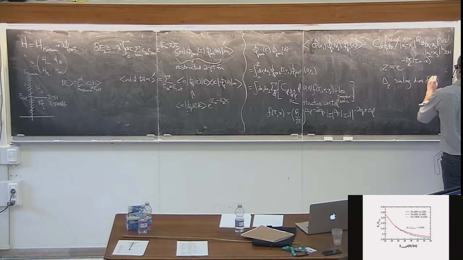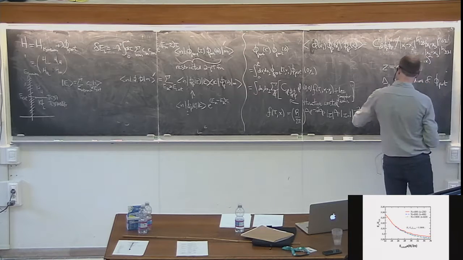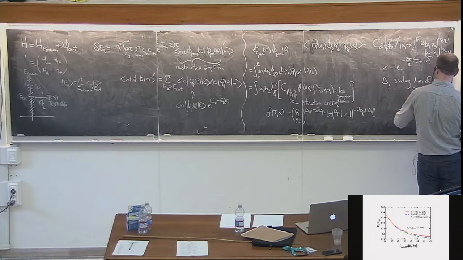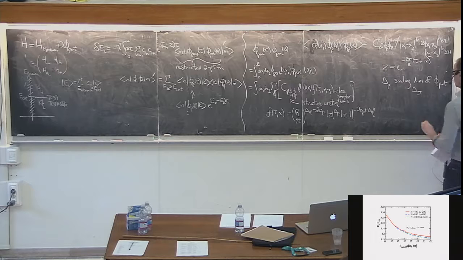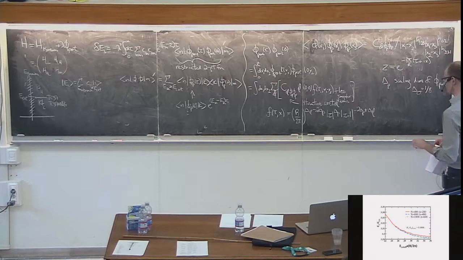Delta p is just the scaling dimension of the perturbing field. So for the Ising perturbation, the perturbing field is the spin operator, and so delta sigma is 1/8.